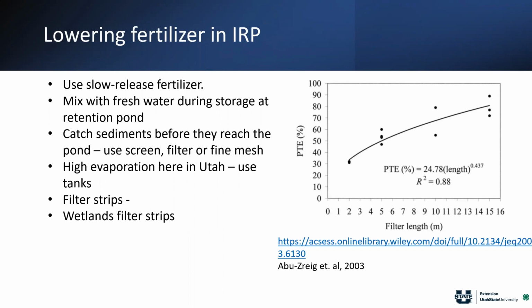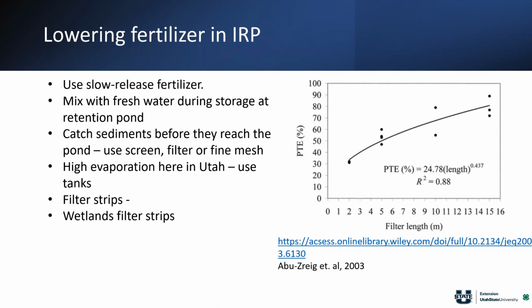In this picture, you can see that when we use the wetland filter plants, as the length of filter plants increases, the amount of phosphorus trapped increases. So if phosphorus is a problem, we could always use wetland filter strips.